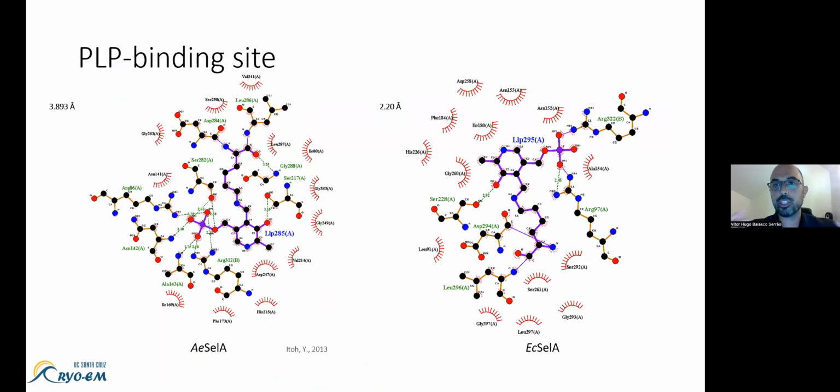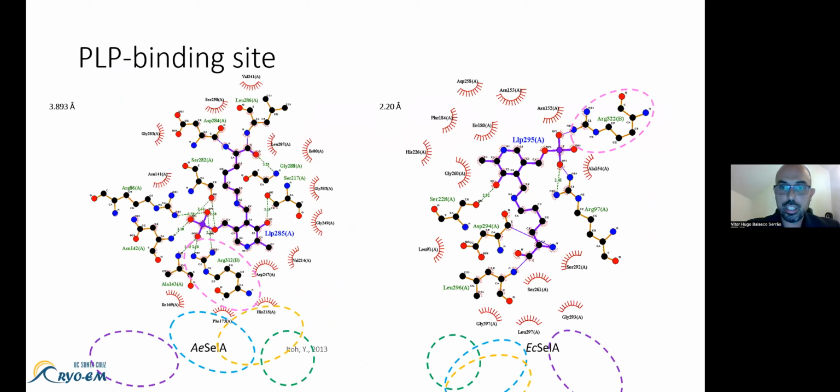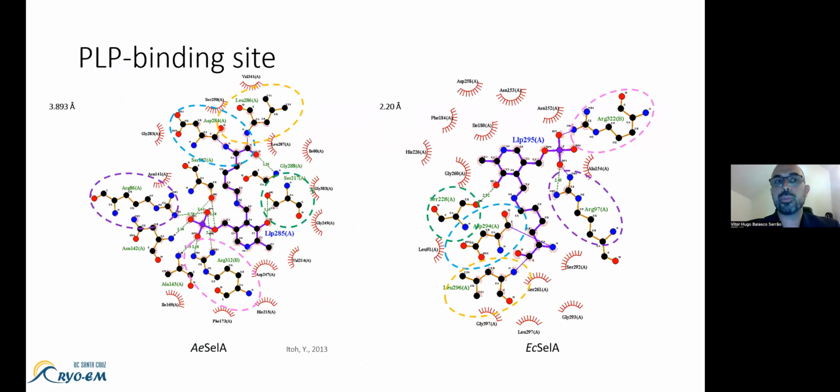But once we actually start identifying, we can see how the arginine from the second subunit is important to actually form this pocket.